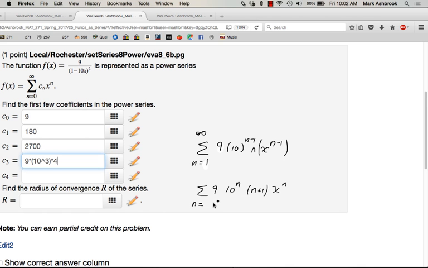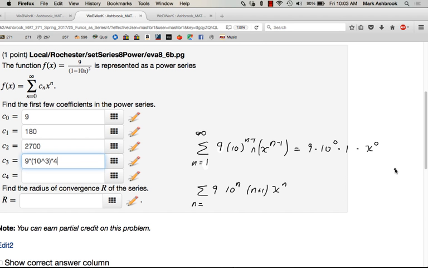So what do I have to do to n so that we get the same thing? Let's write down what the first term is. The first term is 9 times 10 to the 0 times 1 times x to the 0.